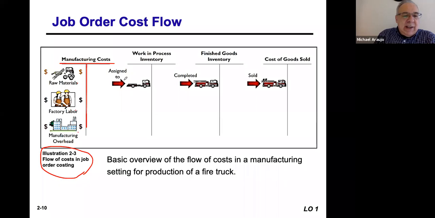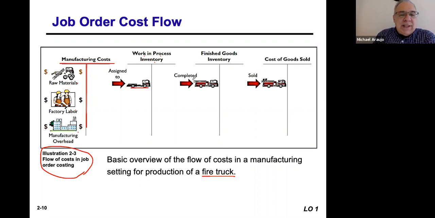Once they start actually putting the product together, in this case a fire truck, well, fire trucks that are in process look quite unfinished, because they're still in process. So as work gets done, it gets put into the work in process inventory account.